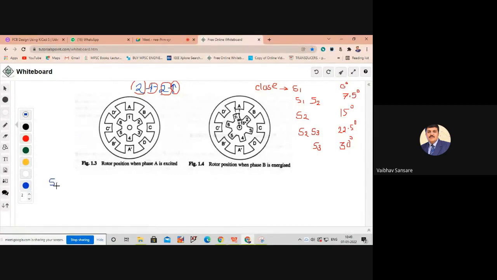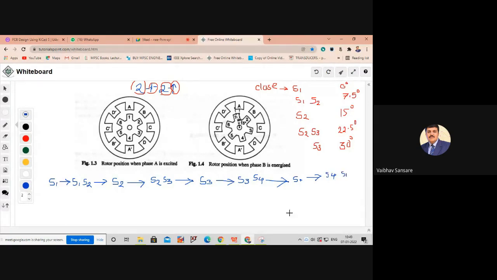Initially S1 is on, after that 2, that means S1 S2, after that 1, so we have to open S1, so S2 is under closed condition, then again 2, so we have to close S3 by keeping S2 under closed condition, then 1, so open S2, so only S3 is under closed condition, then once again 2, so for this purpose we have to close S4, S3 is initially in closed condition, next open S3, S4 is under closed condition, after that S4 and S1.